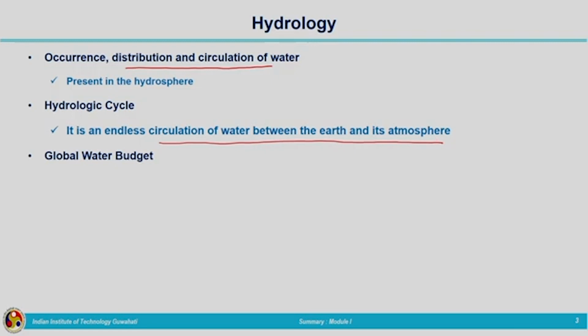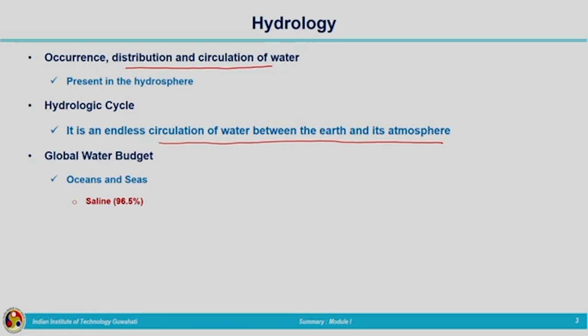After that, for getting a quantitative idea about the total amount of water on earth, we have seen the global water budgeting. Around 96.5% of water is in oceans and seas, that we know already.